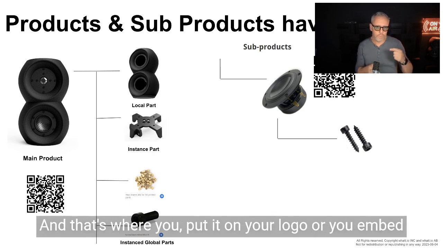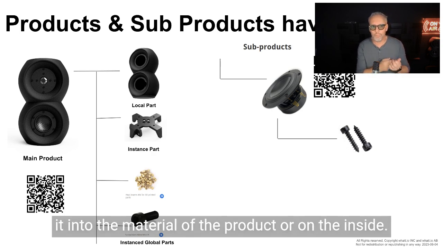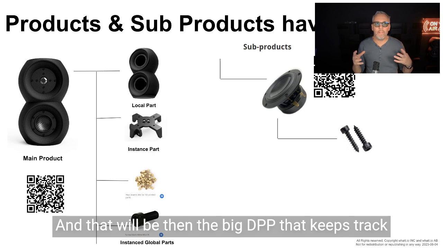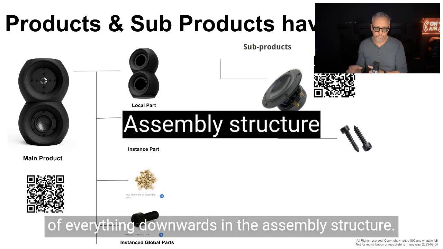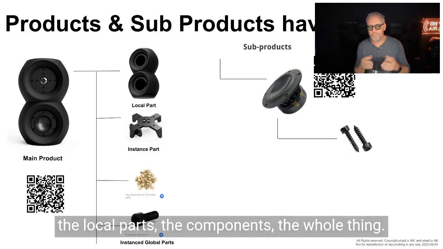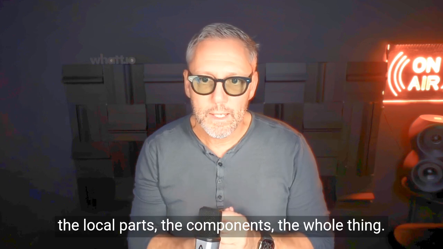That's where you put it on your logo, or you embed it into the material of the product, or on the inside, so it's not easily accessible. And that will be the big DPP that keeps track of everything downwards in the assembly structure. So it keeps track of all the sub-products, the parts, the components, the whole thing.